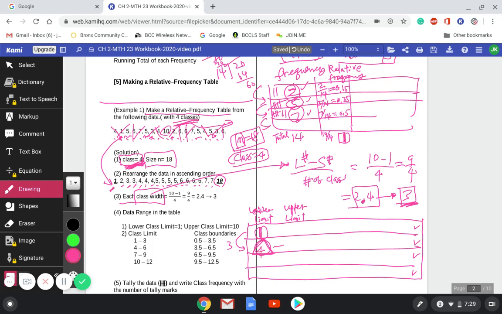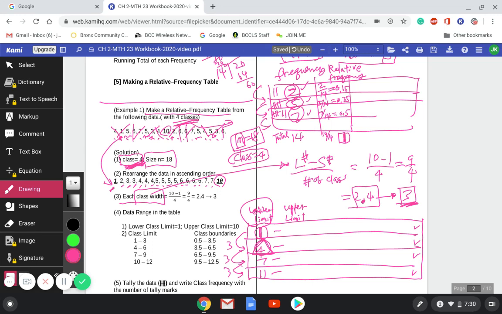So that means we're starting our low limit of the second class as 4. And again, low limit for the third class will be, again, class width was 3, so 3 more than 4, so it's 7. And next one is 3 more than 7, so it's 10. So you find the low limit first for the groups.